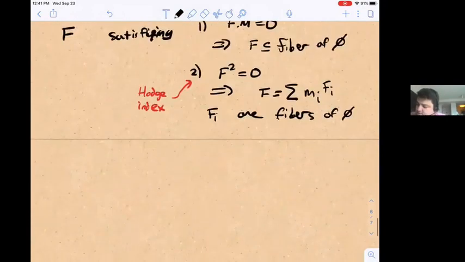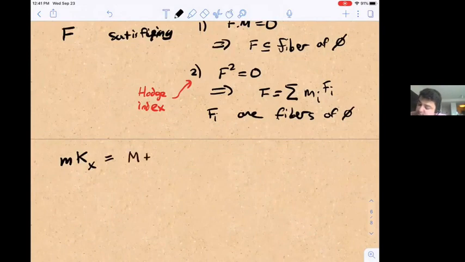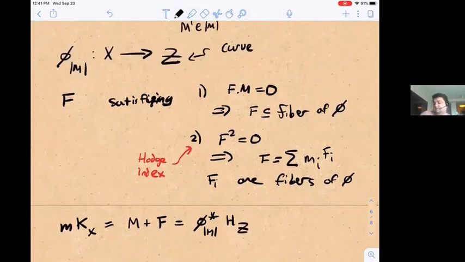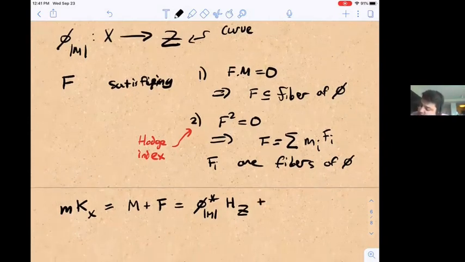But now that tells us that our canonical, or m times the canonical, which was linearly equivalent to M plus F, is the same as phi upper star of an ample on Z, because we have the base point free linear series. Just the definition of linear series means that M is the pullback of an ample, plus the sum of m_i times phi upper star of a point on our curve.